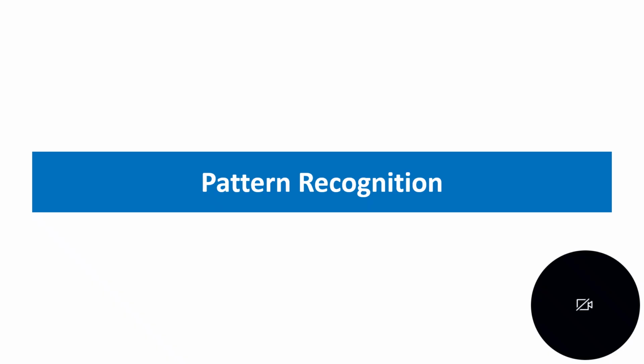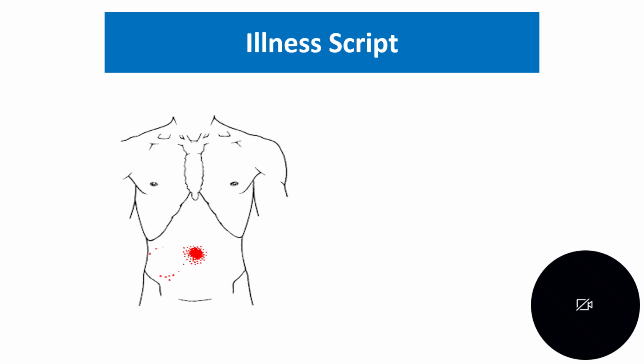So let's give you a good example. And this is an example of what is called an illness script. An illness script is a sentence, maybe 1 or 2, that concisely puts what's the main feature. So here's the illness script.